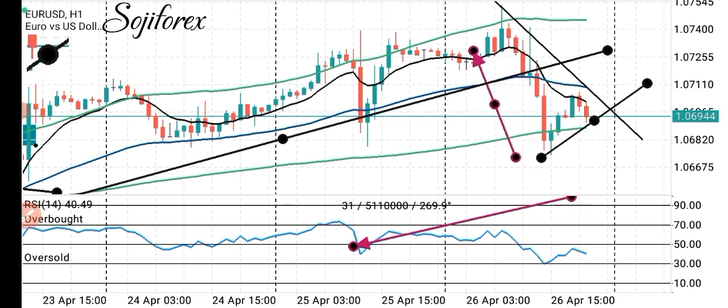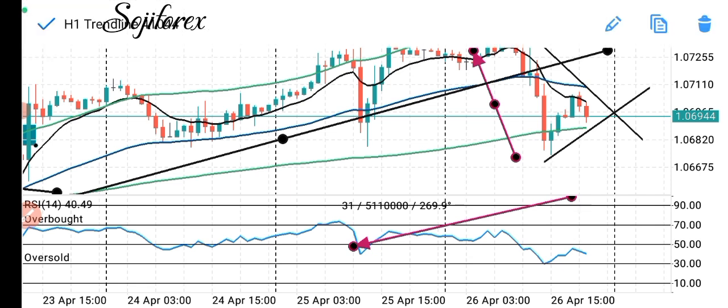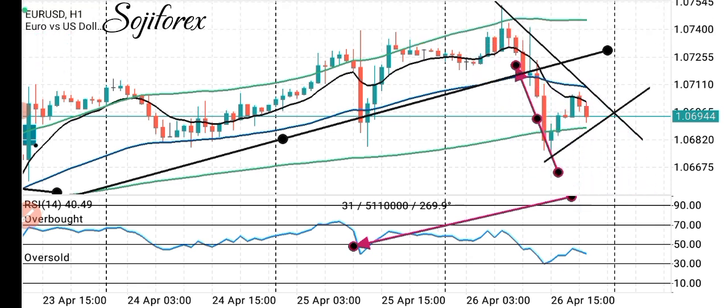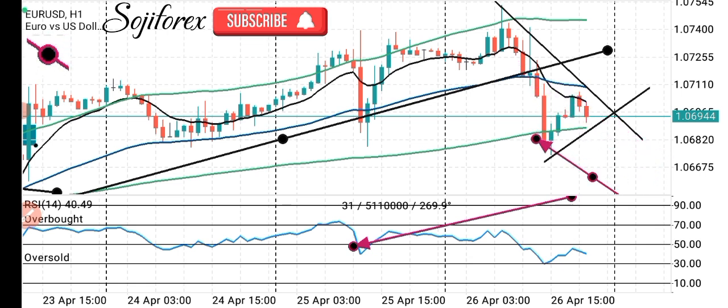Okay, that is it. And it's as simple as this. So when this follow-up candle has closed, you can make your sell entry as an aggressive trader. And if you are a conservative trader, you might even want to wait to see that price breaks this trend line here.